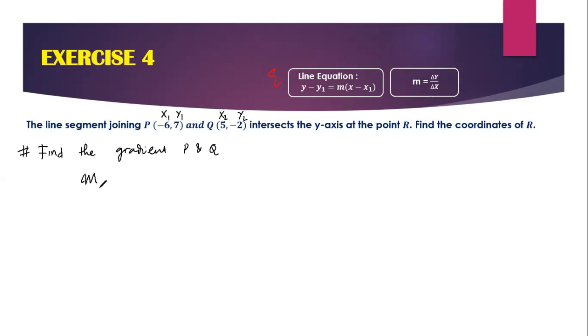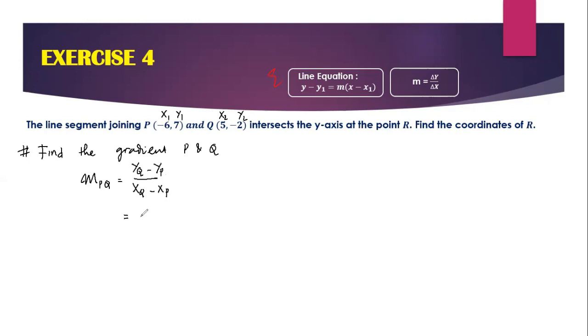The gradient of PQ equals yQ minus yP over xQ minus xP. Right, everyone?